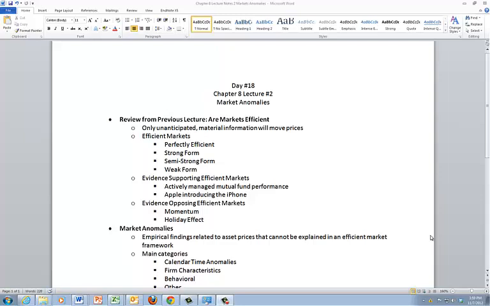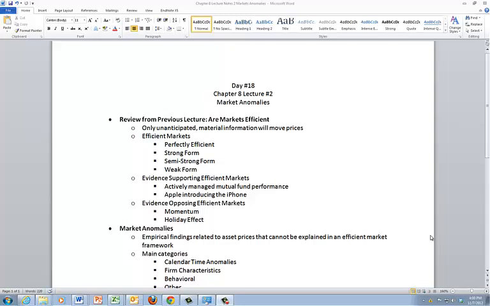So we've been talking about these ideas of market efficiency and how efficient the markets are on this scale of weak versus semi-strong versus strong form. And then most recently what we've been discussing is the idea that there have been certain empirical findings that have cast doubt on the possibility of our markets being efficient.